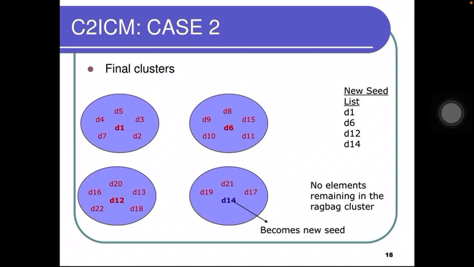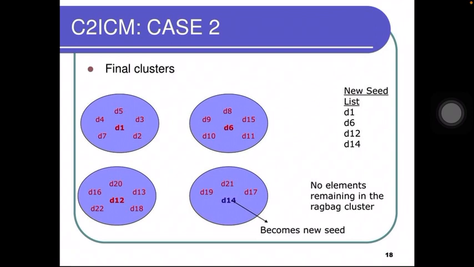D11, 12, 13, 14 come to the third cluster, and D15 remains in the second cluster. The third cluster consists of seeds D12, 13 and 15 in the second cluster, 14 in the fourth cluster, 16, 17, 18, 19 in the fourth cluster, and D20.